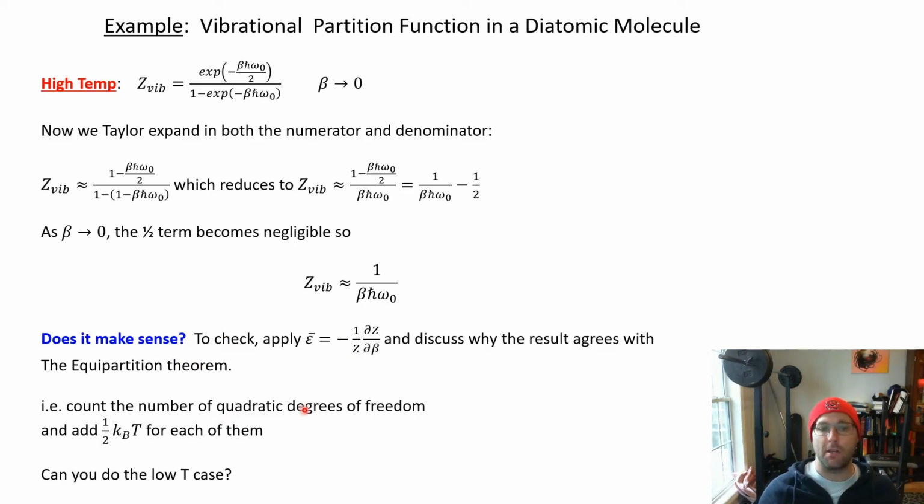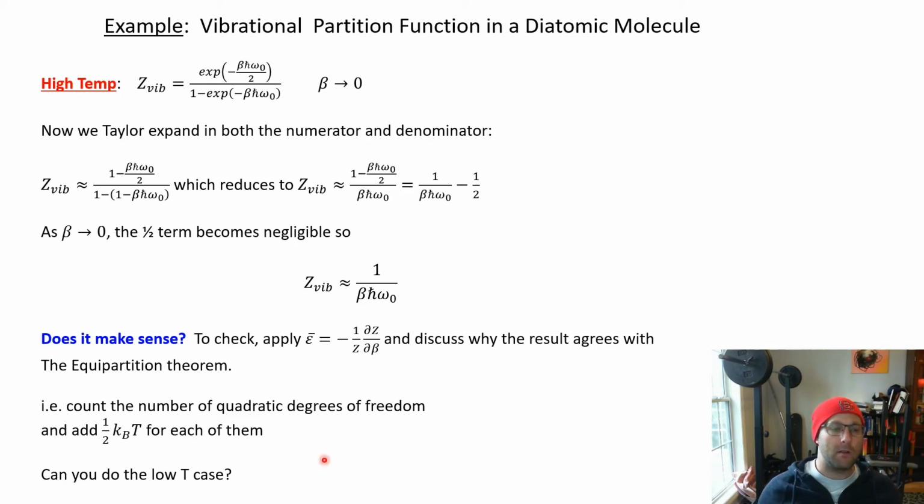So in other words, you're going to have to count the number of quadratic degrees of freedom, and they'll each contribute a half kBT. So this is the kind of logic that I'm really going to expect you to be able to employ and discuss as you do exams and homeworks.